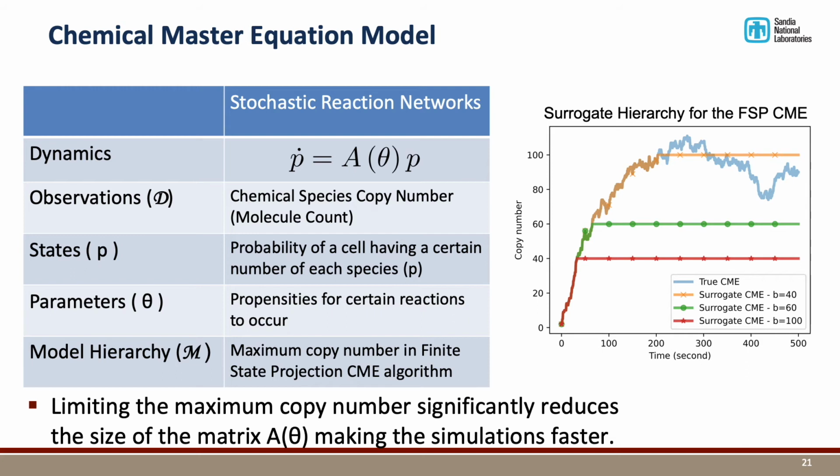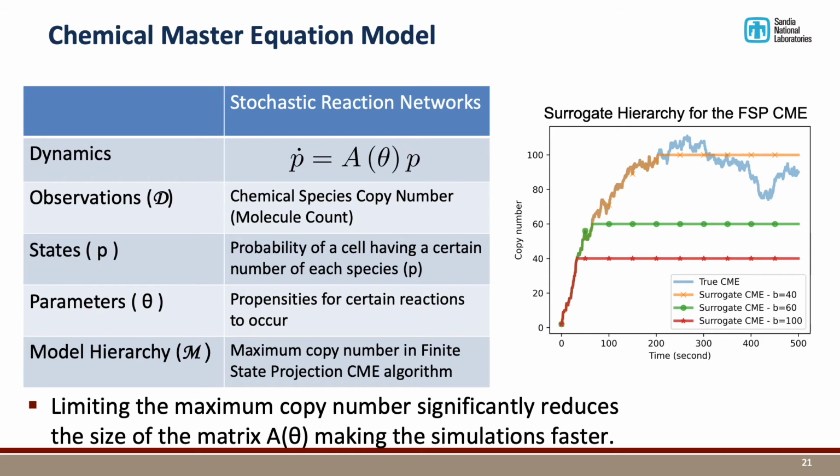Theoretically, this matrix has an infinite dimensional space as the number of molecules is not bounded. However, for both practical and computational reasons, a finite state projection algorithm is used to limit the maximum number of any of the given chemical species, with an absorbing state when the maximum number is exceeded. So for our surrogate models, for our multi-fidelity hierarchy, we use different numbers of maximum molecules within the finite state projection algorithm.